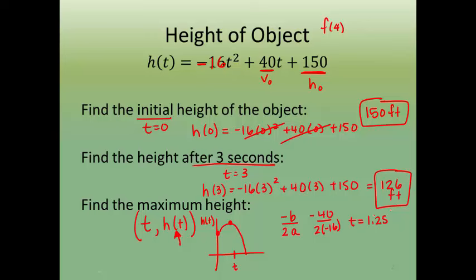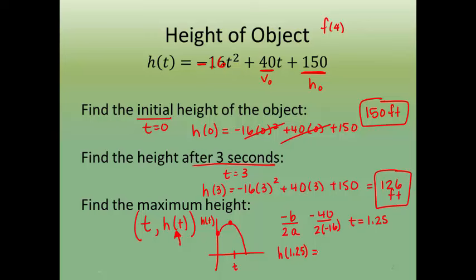So now I have to substitute in h of 1.25, and this is going to tell me the maximum height. What does the 1.25 mean? It means that after 1.25 seconds, this object reaches its maximum height. That's how long it takes from the time that it's launched or shot or thrown or kicked to get to its height.